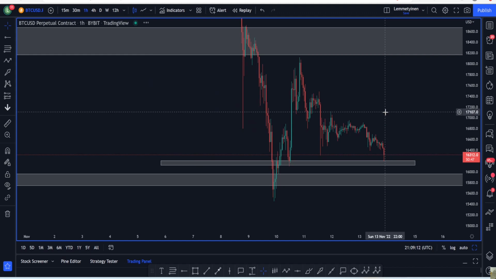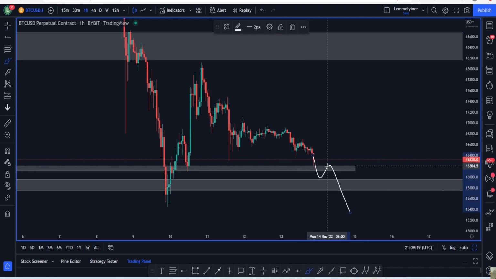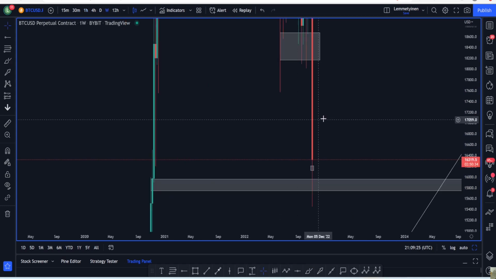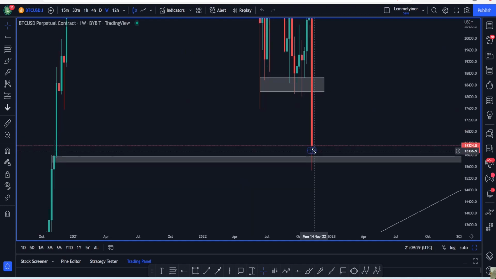But we have our levels at the moment to see if we're just going to continue to drop from here, or if we will see the market retest these levels for a potential small pullback. Because overall, if you're looking at the weekly chart, we have a massive candlestick. So we must understand that with this volatility, it's pretty hard for the market to give us a pretty strong bullish candlestick.